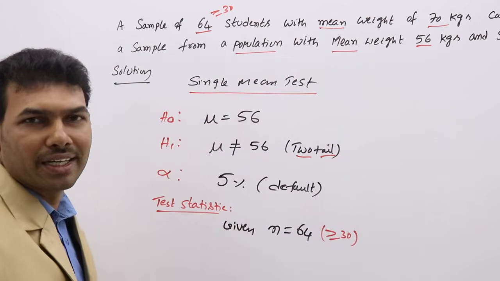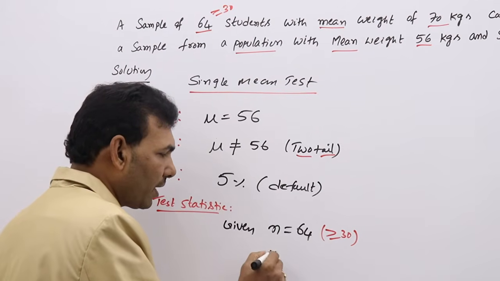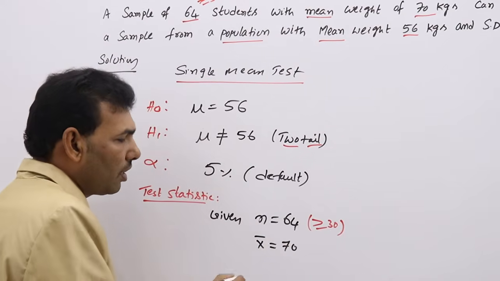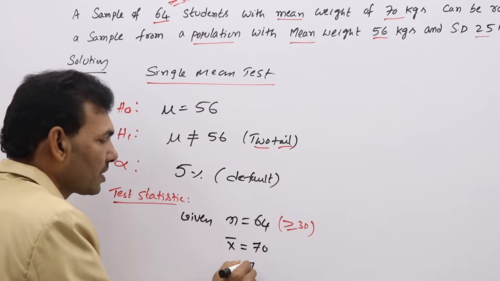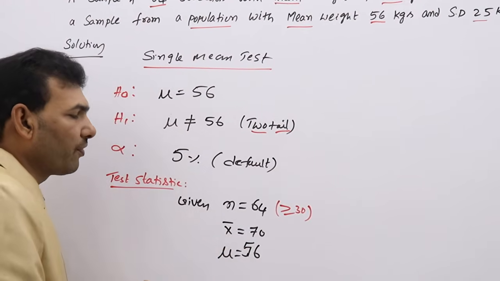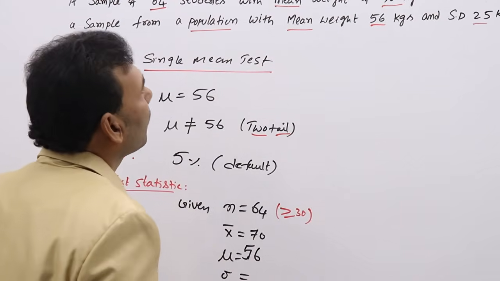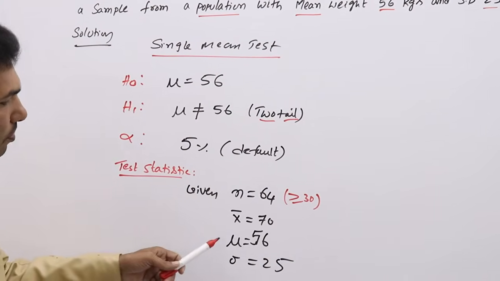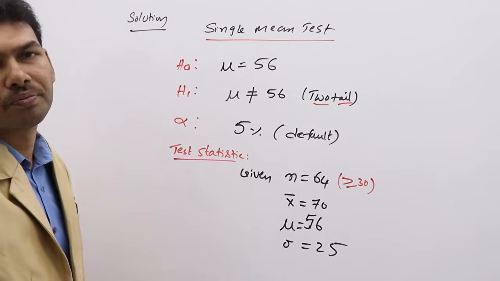So we decide that is a large sample, and sample mean X bar is given as 70 kgs, and also population mean is 56, and population SD sigma is how much? 25. This is population mean, this is sample mean, this is SD.